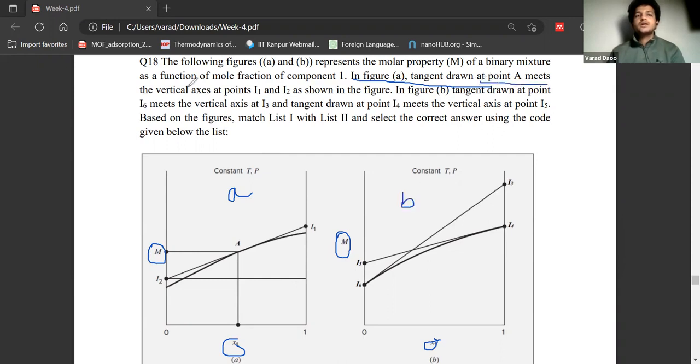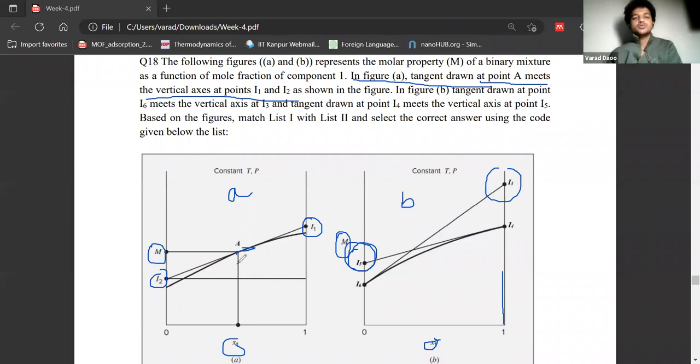In figure A, the tangent at point A meets the vertical axis at point I1. The tangent drawn at this point meets the vertical axis at x1 equal to 1 at I1 and at x1 equal to 0 at I2. In figure B, we are drawing the tangent at this point, meeting this axis at this point, and the tangent drawn at this point meets this axis at point I5.